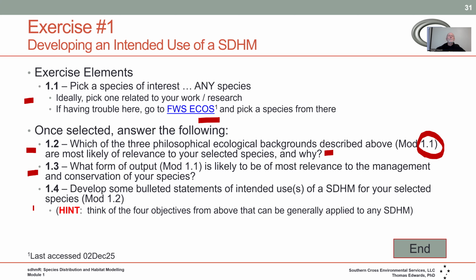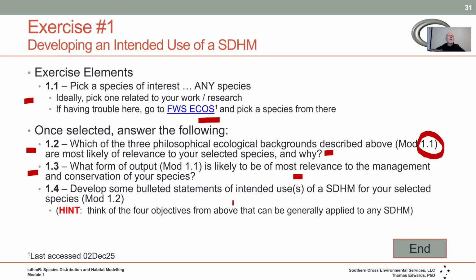Second, what form of output from 1.1 is likely to be most relevant to your species? Now, remember, we talked about 2 that are not mutually exclusive and have some overlap, and these are a predictive distribution model versus an explanatory model. Tell me which one of these is going to be most relevant.